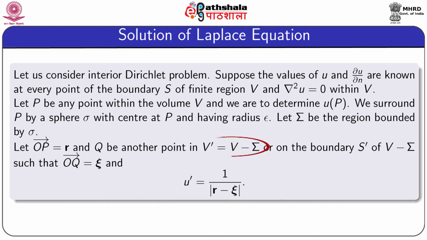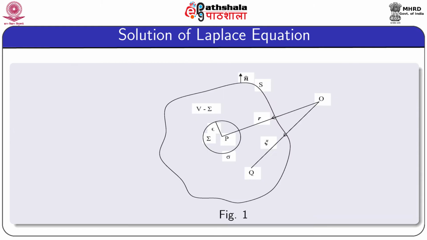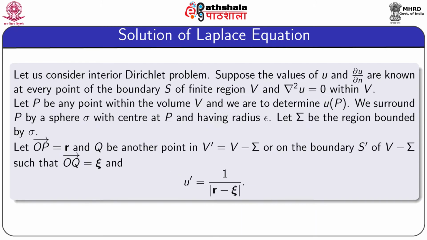And let V dash be the region V minus sigma, and S dash be the boundary of the region V dash. So basically S dash is the union of S and small sigma, if you see the figure.